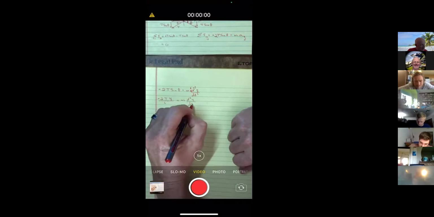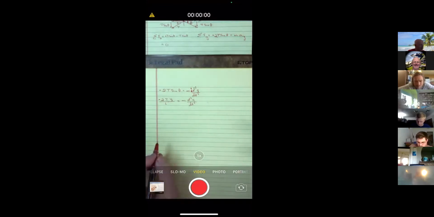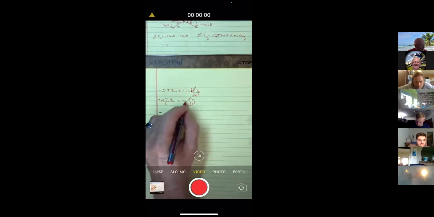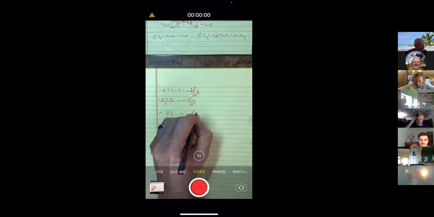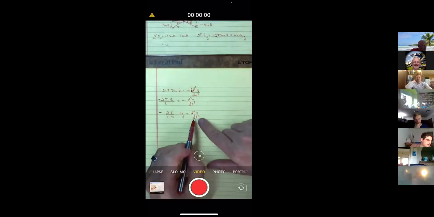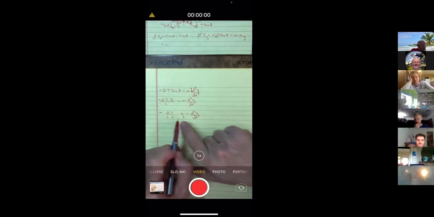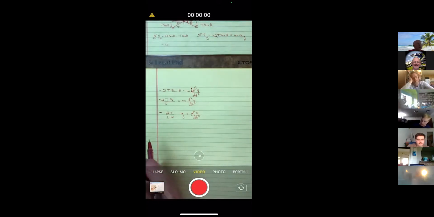So you can now see we're getting really close to that structure. I'll put the negative out in front, I'll put the y back here, and so there'll be a 2T, there'll be an L, and I can bring the m over, and that would equal the second derivative. So there we have the form. The second derivative equals negative some constant and the function. So that proves simple harmonic motion.